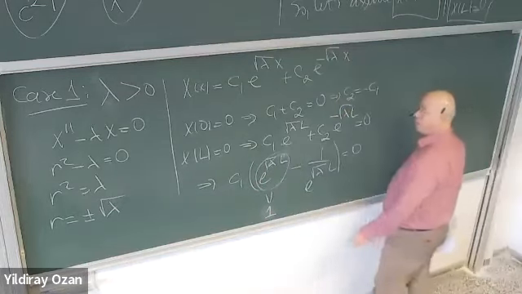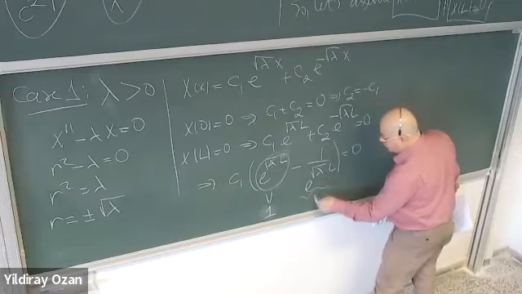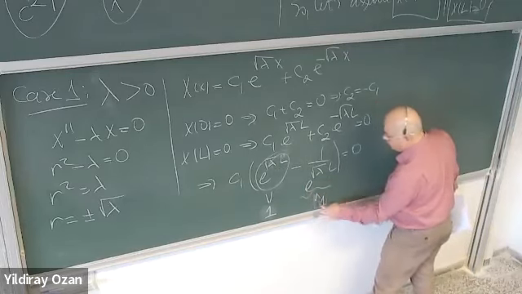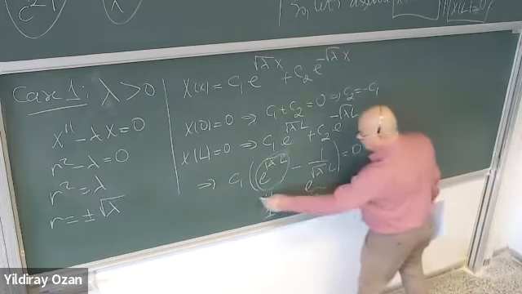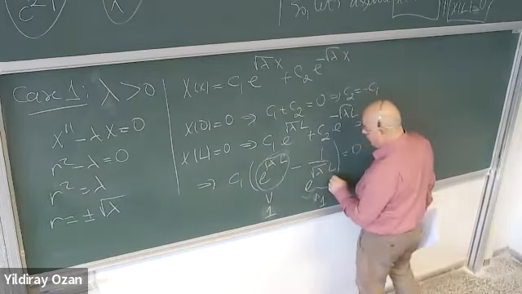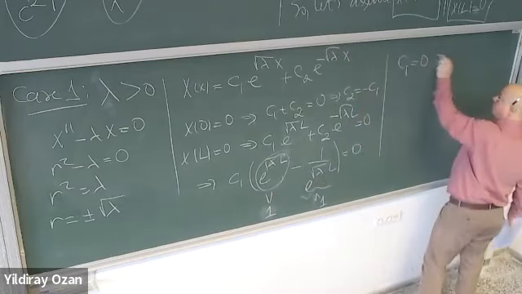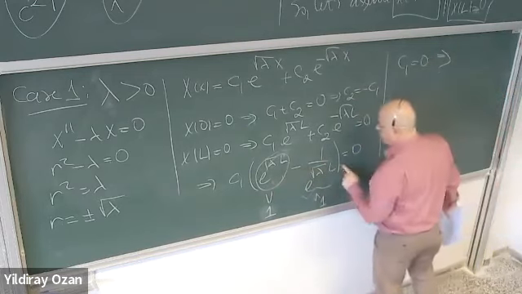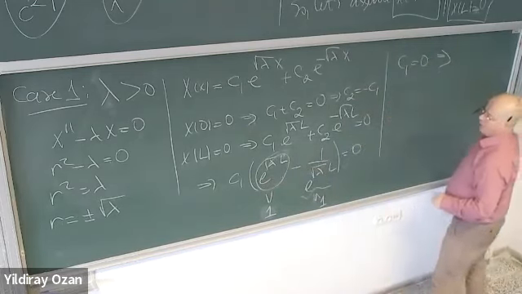E to the power of a positive number is always larger than 1. Therefore, this is strictly less than 1. So this is larger than 1, this is less than 1. Therefore, this number cannot be 0. And this implies C1 is 0. Right? Since this number is not 0, but the product is 0, C1 should be 0.